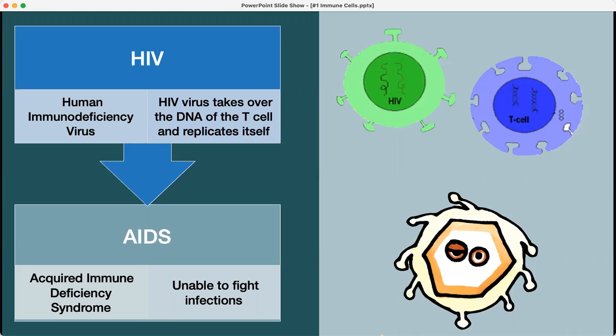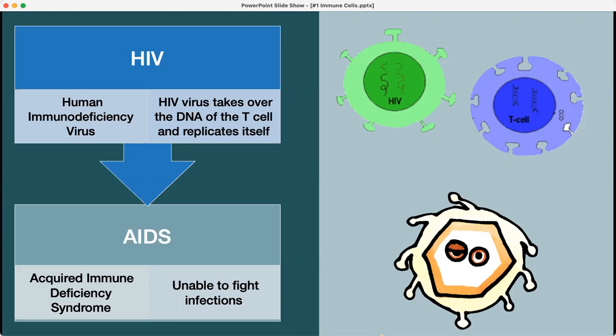It's this further replication of untreated initial infection by HIV that creates the syndrome of AIDS, which is acquired immunodeficiency syndrome.